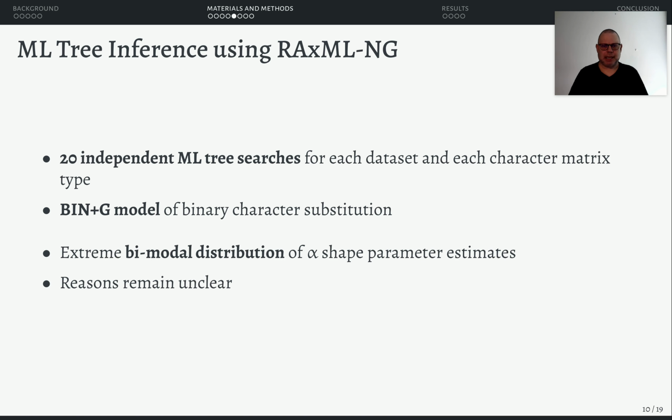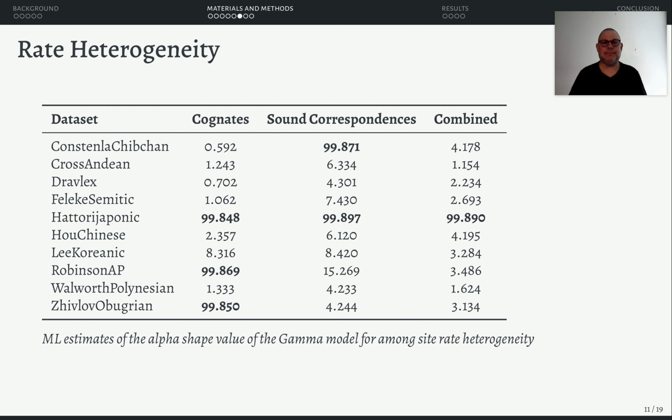And using maximum likelihood, we found an extreme bimodal distribution. So for some of the datasets, we found values close to 100, and 100 is the hard limit here. So we found extremely high values for lambda, while for the other datasets, we found fairly low values.